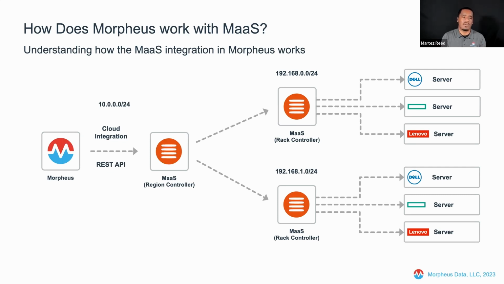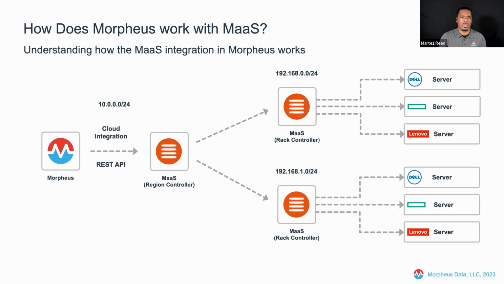So Morpheus can interact with the region controller from an API standpoint to perform the operations and management of my bare metal estates, utilizing that single connection to the region controller from a MaaS perspective.